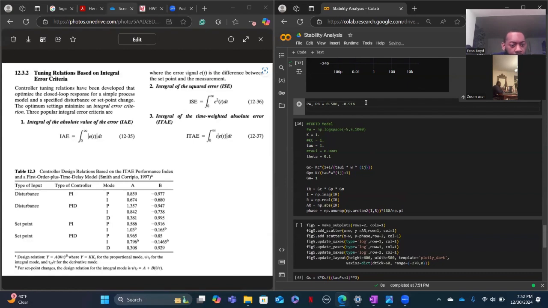And then for the integral, we'll do IA and IB, and then we'll do 1.03 and negative 0.165. Okay.